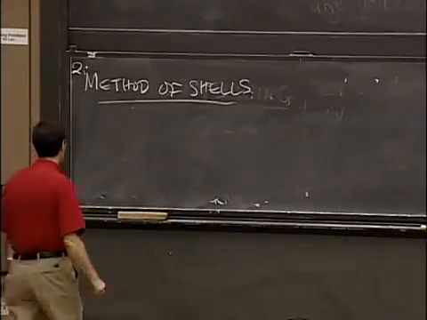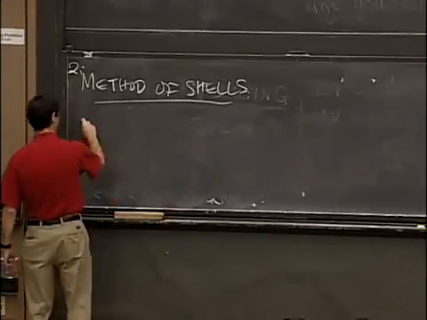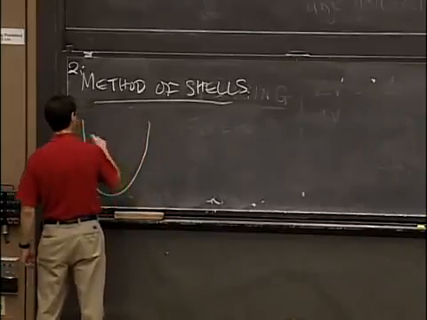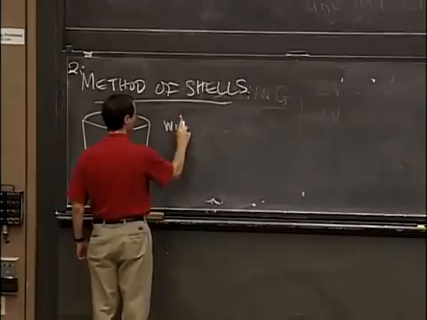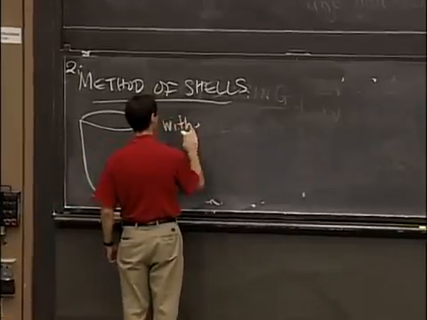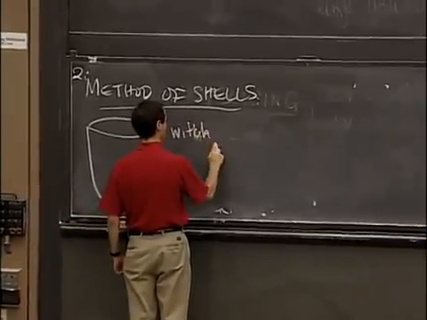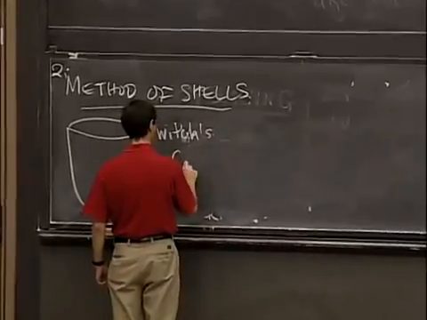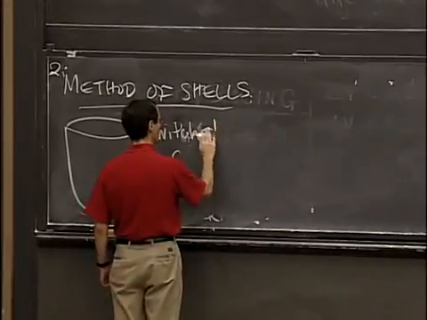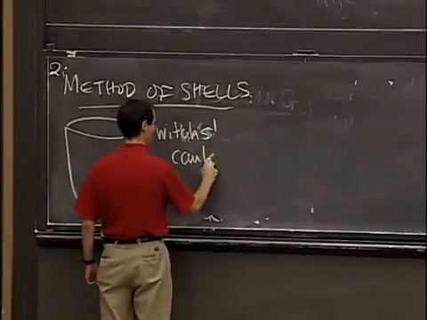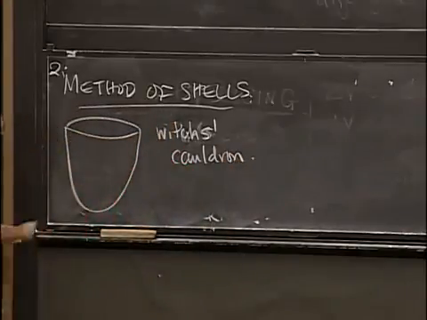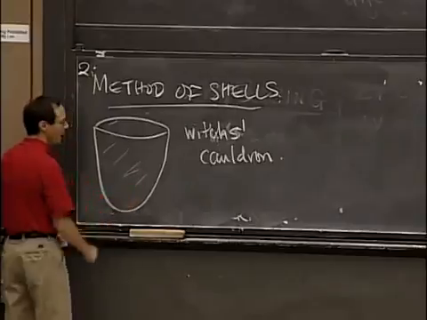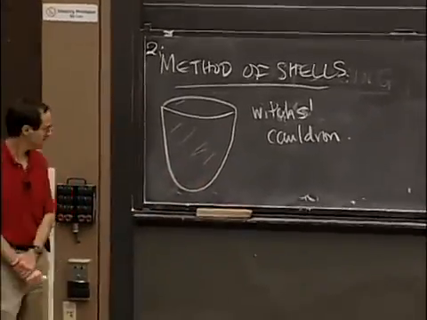I'm going to illustrate this one with a holiday-themed example here. This is supposed to be a witch's cauldron. Well, maybe more than one witch will have this cauldron here. All right, so here's this shape, and we're going to figure out how much liquid is in here.